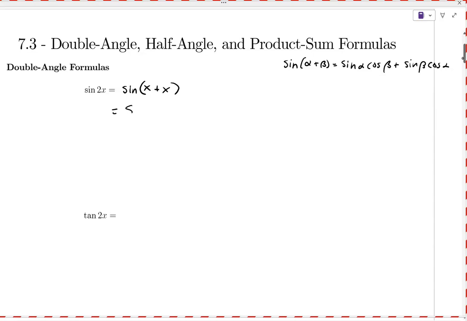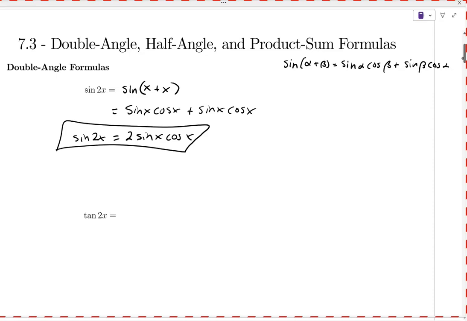Sine x, cosine x. Good. That's exactly right. So we get sine x cosine x plus sine x cosine x. How many sine x cosine x's do you have then? 2 of them, yep. So just to write this here so I can box it in. There's your double angle formula for sine.